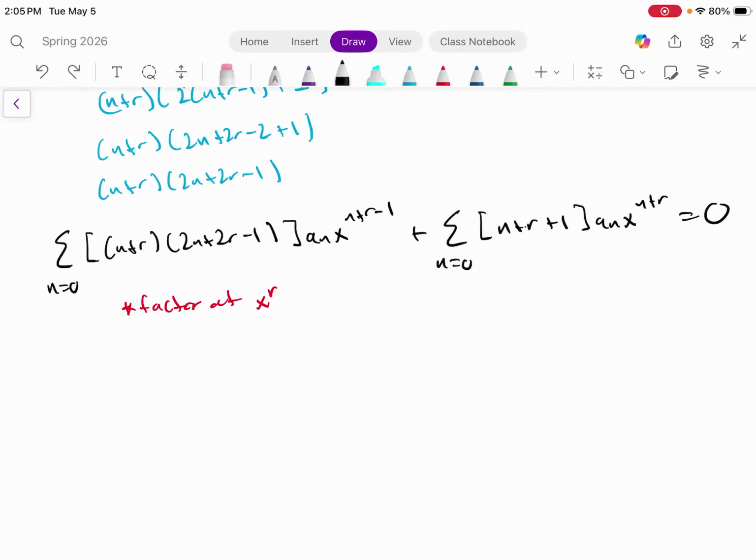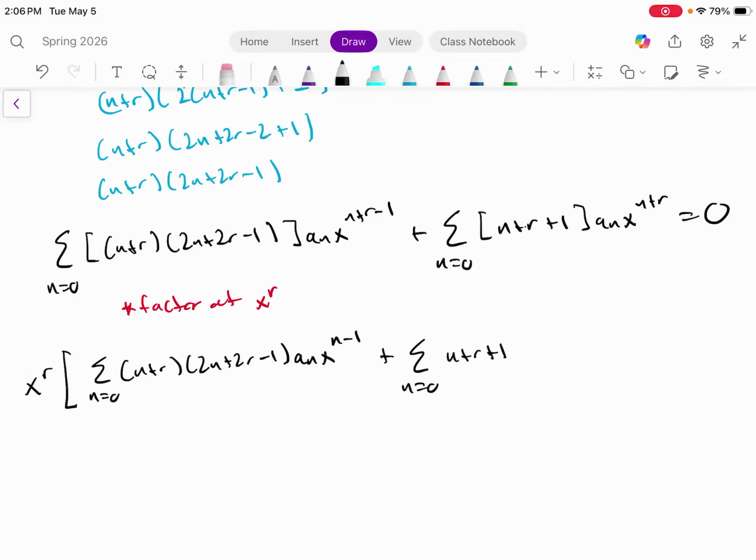So this would be x to the r times the entire expression: the sum from n equals 0 of (n plus r)(2n plus 2r minus 1) a sub n x to the n minus 1, plus the sum of (n plus r plus 1) a sub n x to the n, and this all equals 0.